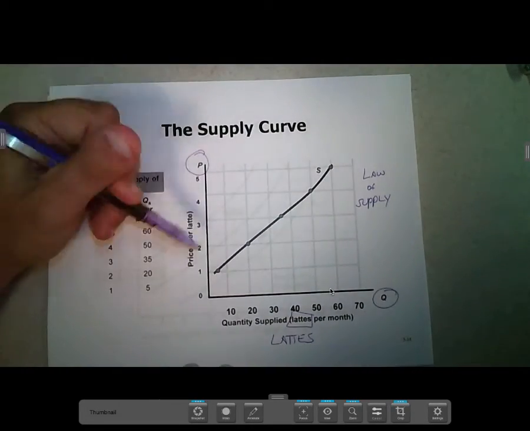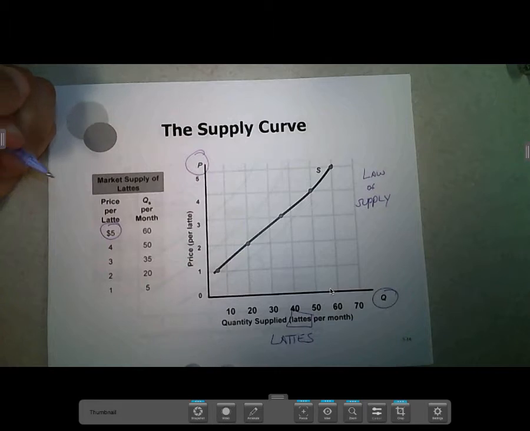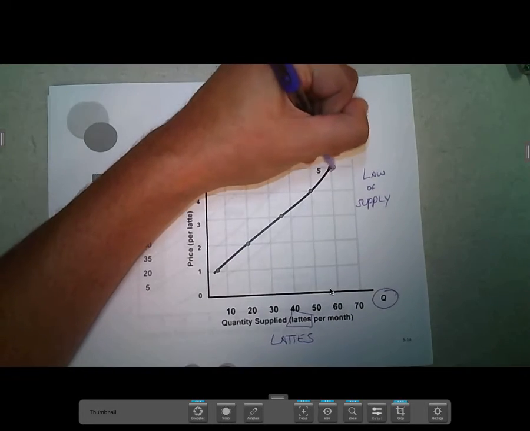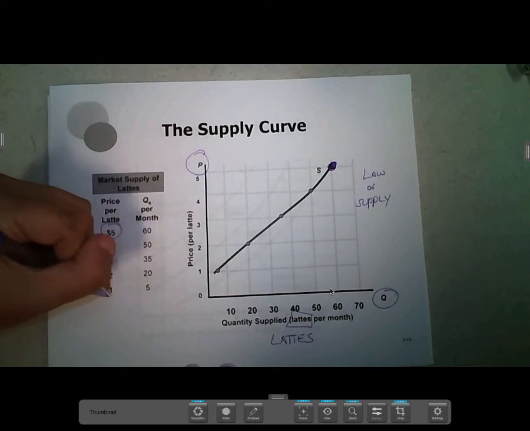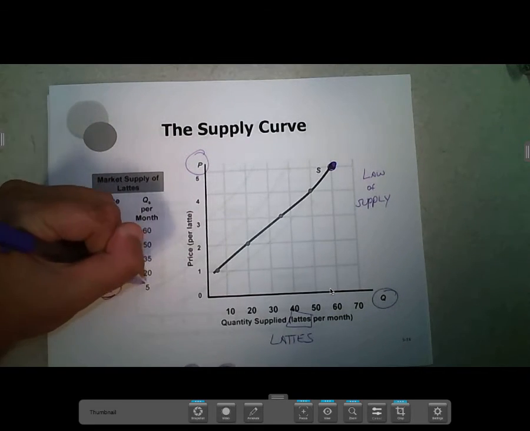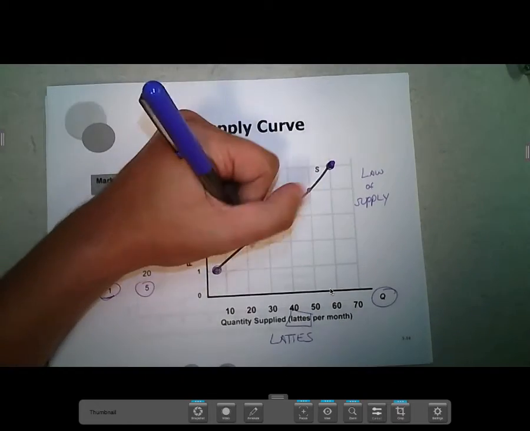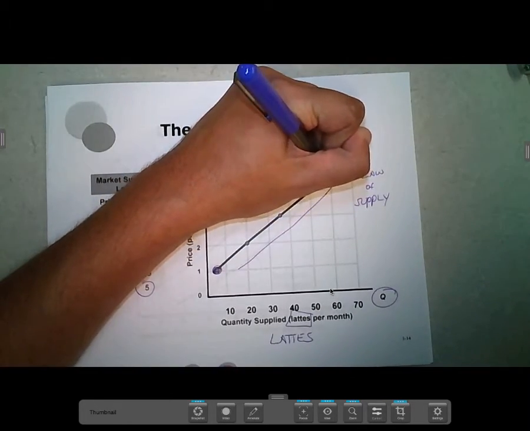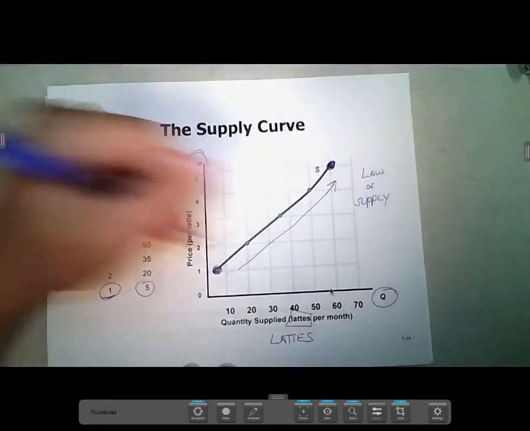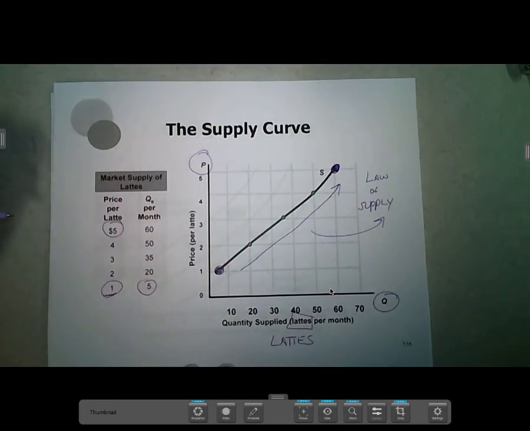A relationship existing where at the price of $5, firms are willing to sell a lot. And at a very low price, firms are not willing to sell a lot. That upward sloping nature of the curve is my law of supply.